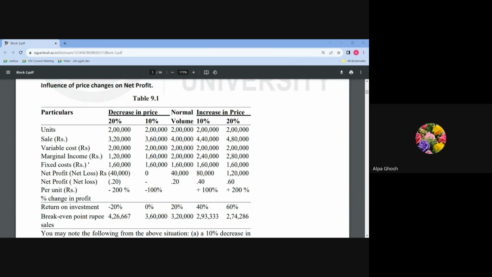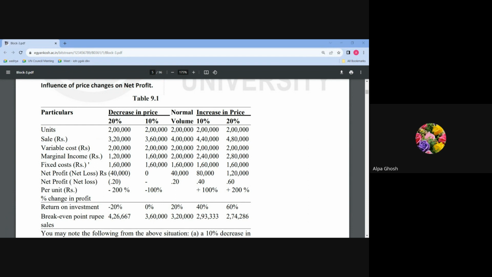Sales in rupees has increased, so sales in rupees is 3,20,000. How 3,20,000? Just listen to me. The first column is decrease in price.